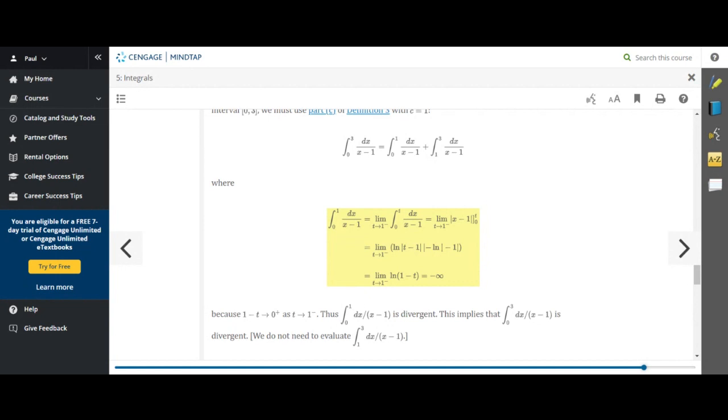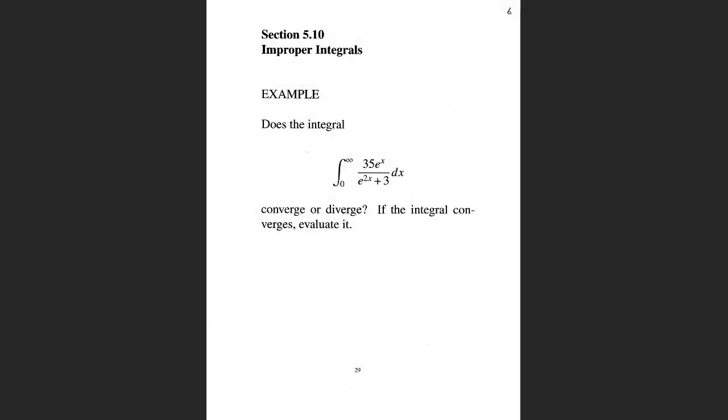All right, let me do one more example here to make sure you have a variety. Okay, let's look at this problem.